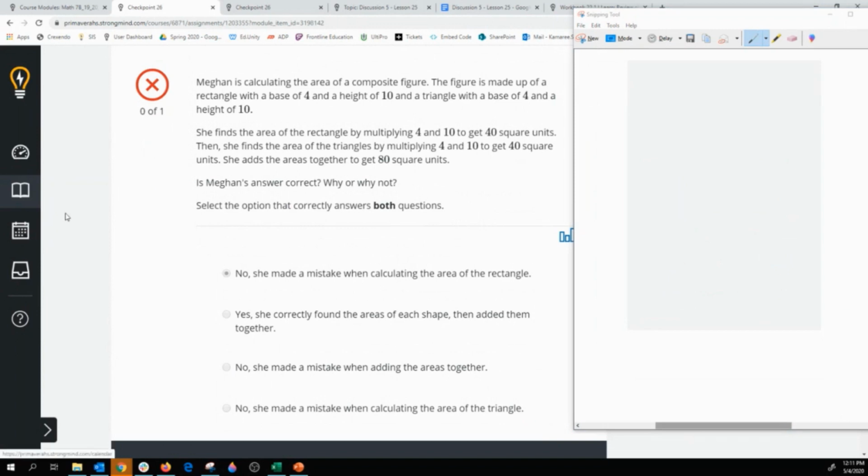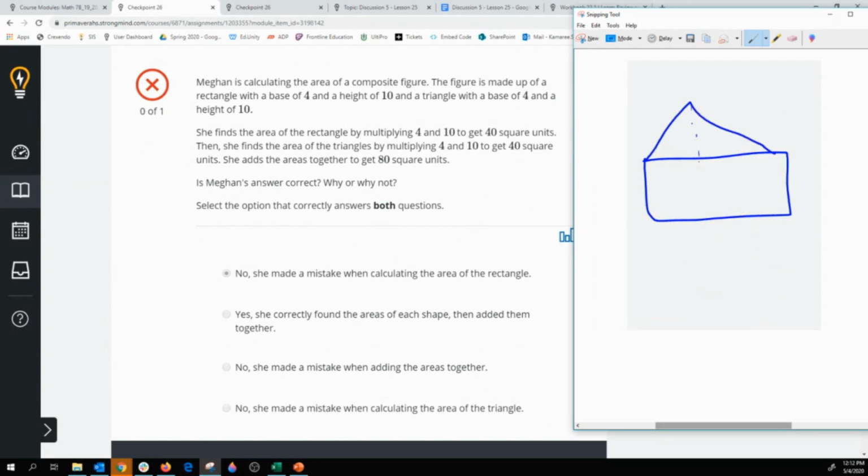And then she wants to find the area of the rectangle by multiplying 4 and 10 to get 40 square units. Then she finds the area of the triangles. She adds them together. So see, she has this rectangle with a triangle on top.